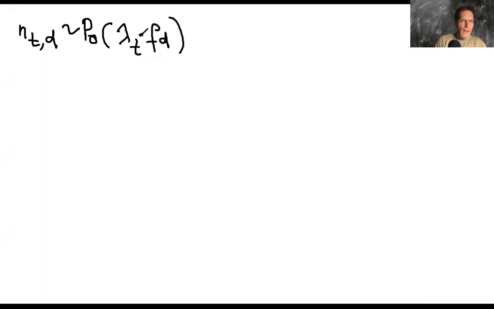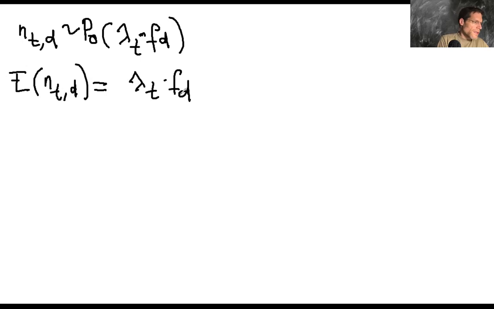So we had the product here, and since this is the parameter in here, that's the mean, right? So we know that the expectation of NTD is going to be equal to lambda t times fd, right?